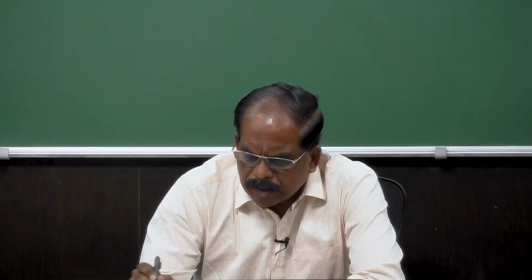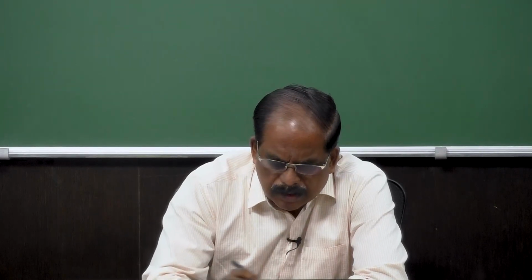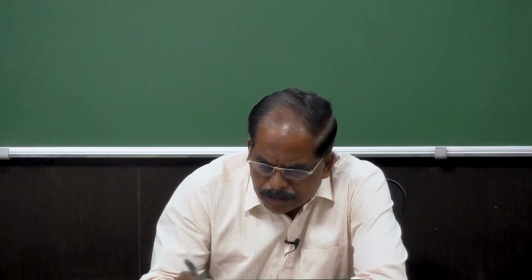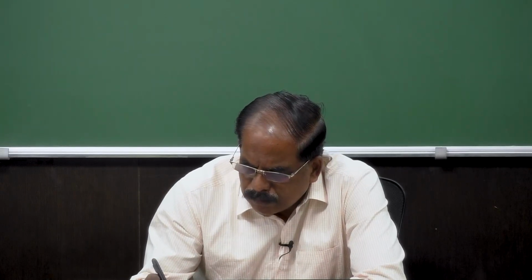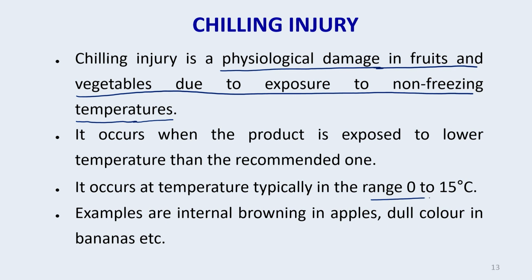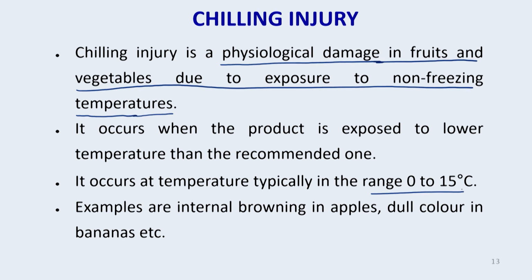It occurs when the product is exposed to lower temperature, typically in the range 0 to 15. Examples are internal browning in apples. Sometimes we see a color change in bananas, in other fruits also. There is the dull color in bananas.